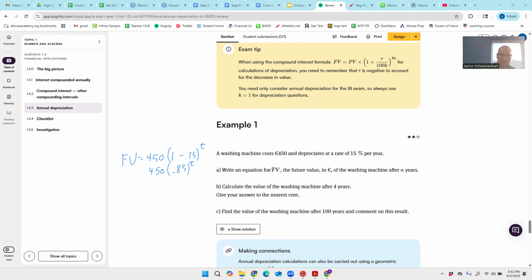Calculate the value after 4 years, and then find it after 100 years. After 4 years, it is worth 234.90 euros. After 100 years, it's not going to be worth very much.